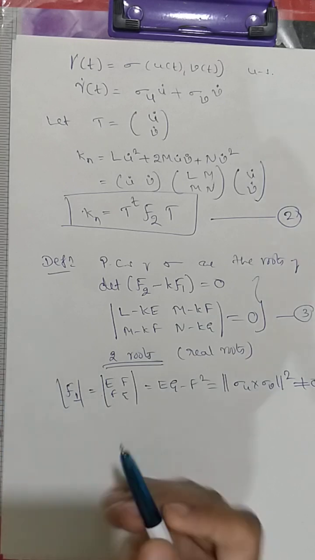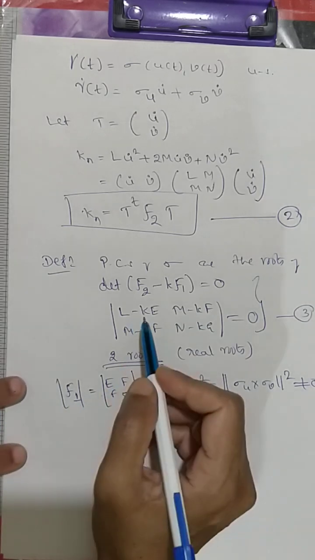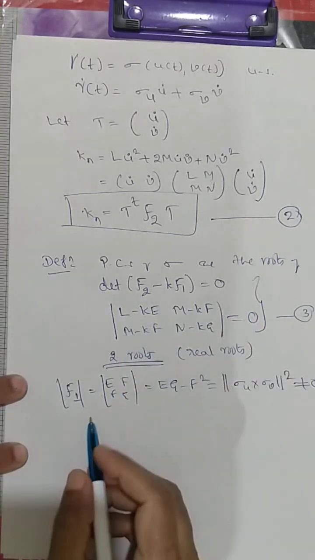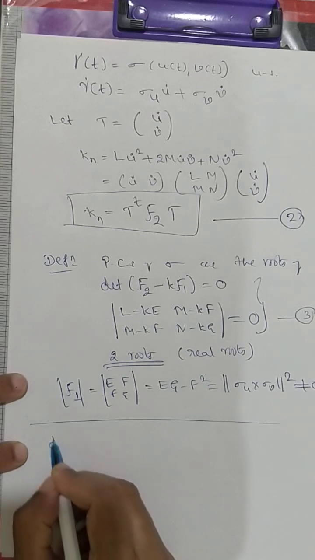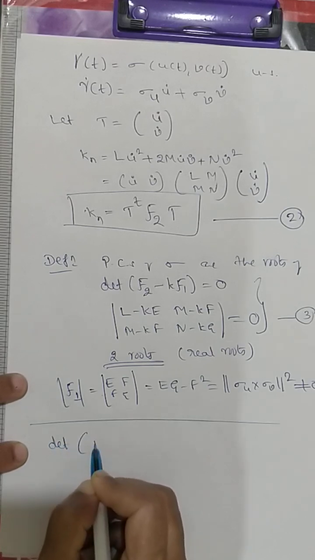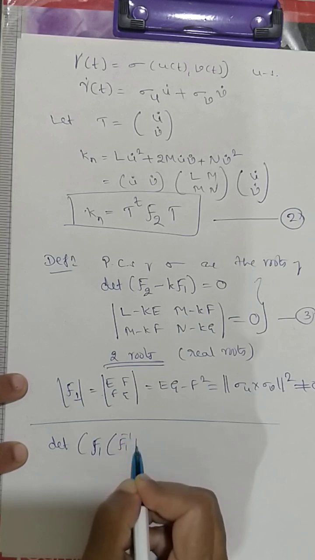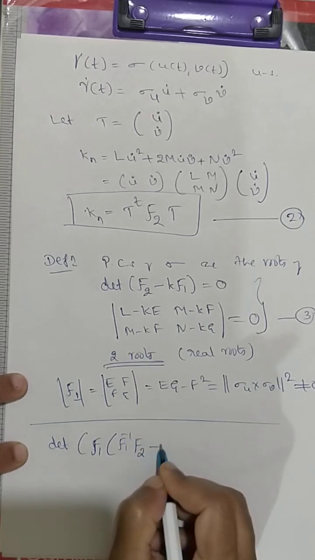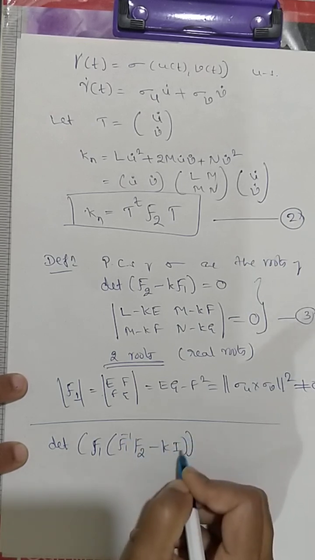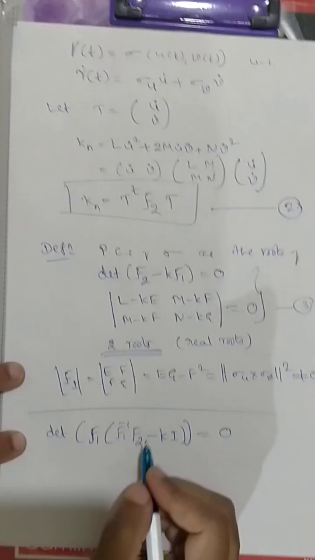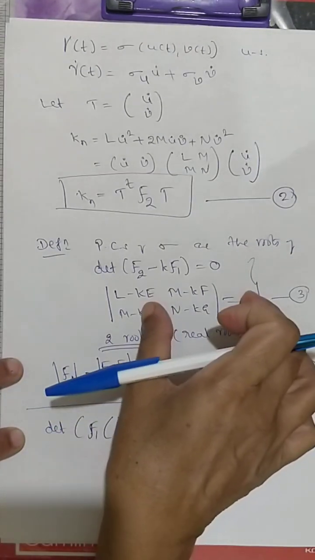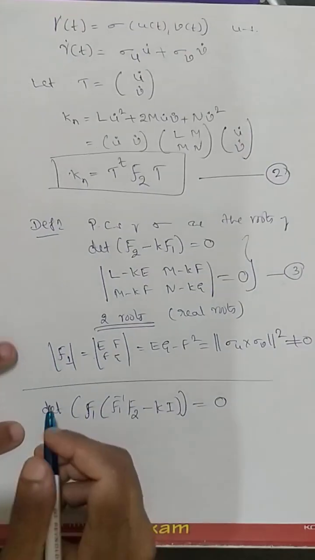So I can write the equivalent statement in another form. It is the determinant of the matrix F1 into F1 inverse F2 minus K into the identity matrix, equal to 0. This is the equivalent statement. So what do I get here?